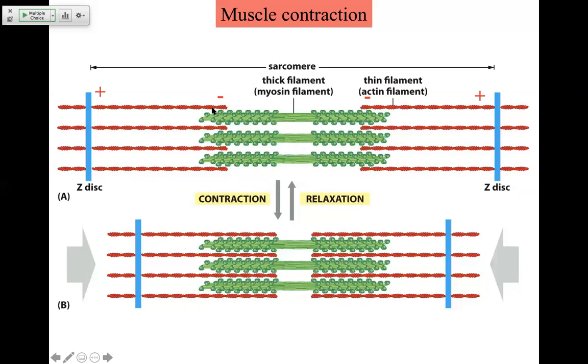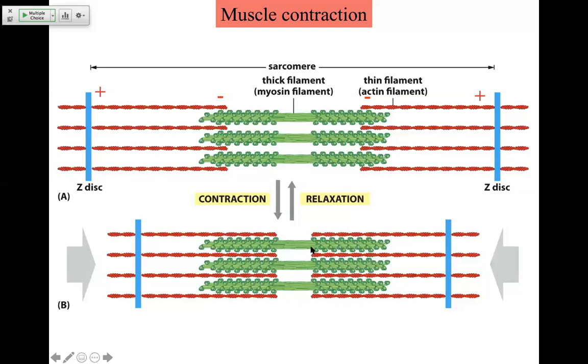When that sarcomere is induced to contract, all of those individual myosin heads, and this myosin filament is sort of like a double-headed arrow, all of the heads of the individual myosin motor proteins are going to move directionally towards the plus end.